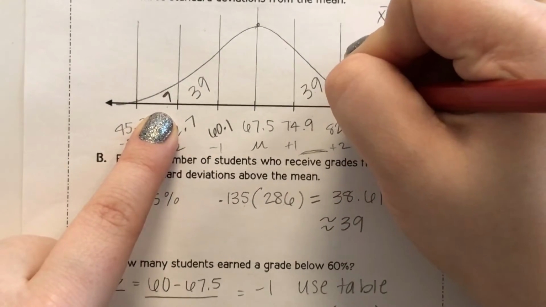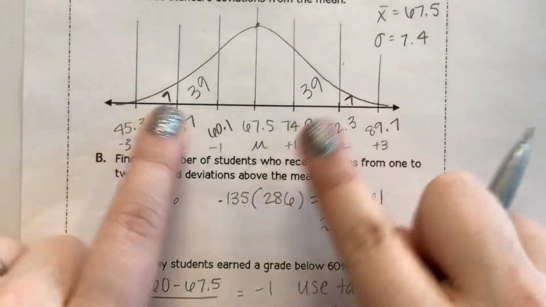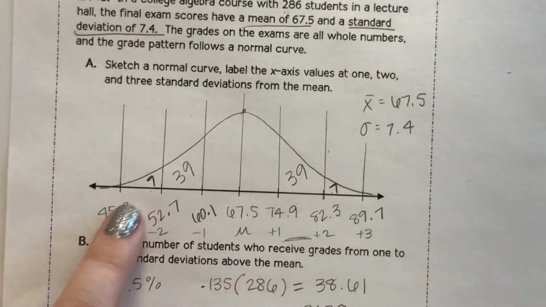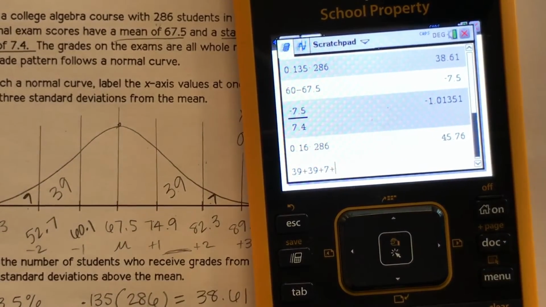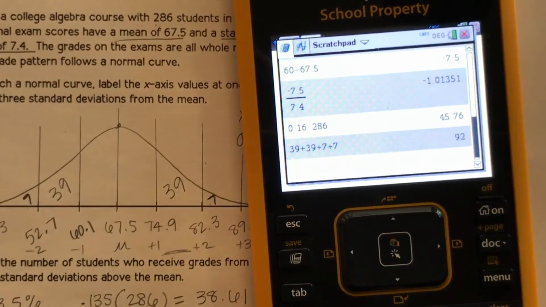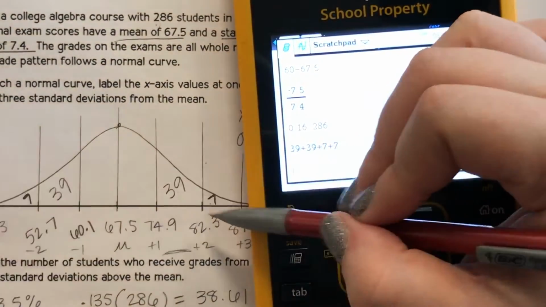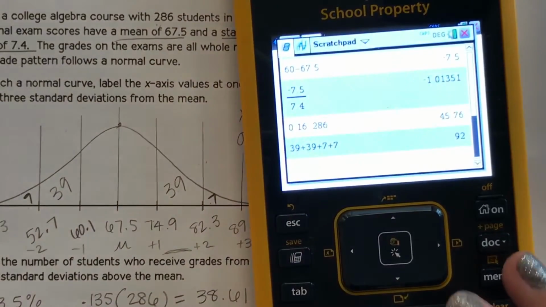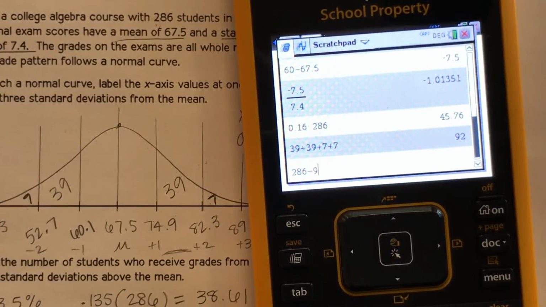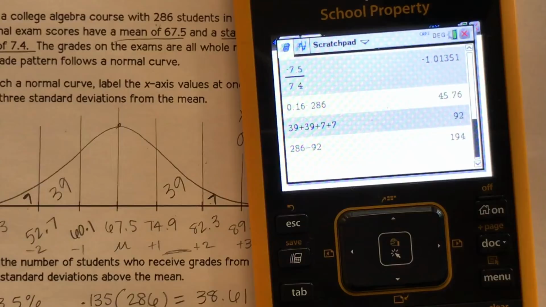So we can figure out how many's left here. So let's add up what we have. We have 39 plus 39 plus 7 plus 7, 92. We know 92 students are here, which leaves how many students left here? Well, we know there's a 286 total minus 92.